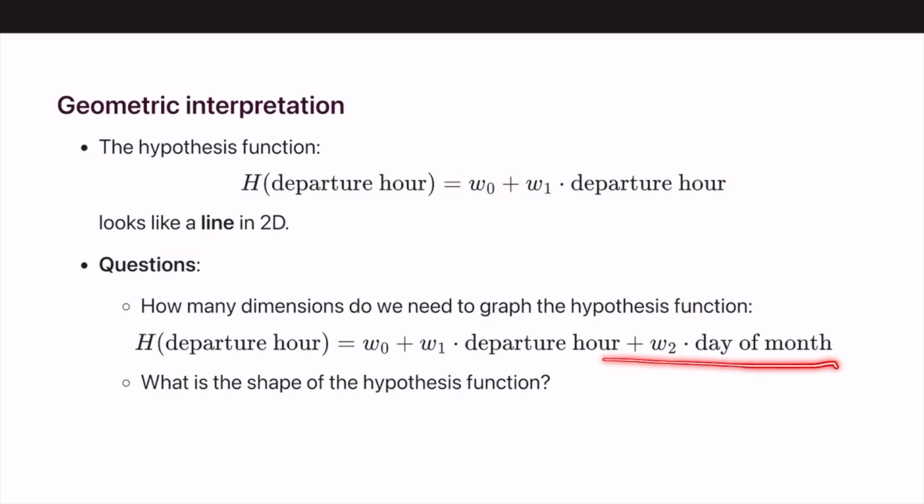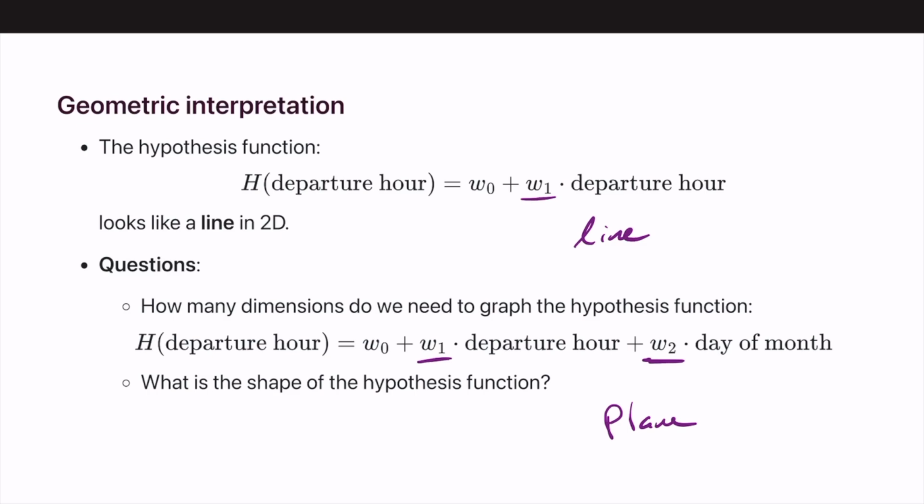Whereas as we add more input features, we get into more complex objects. So in this case, with a W2 and a W1, we're going to have a plane versus just a line. Note they'll both still have W naught because there will be an intersection along the y coordinate.